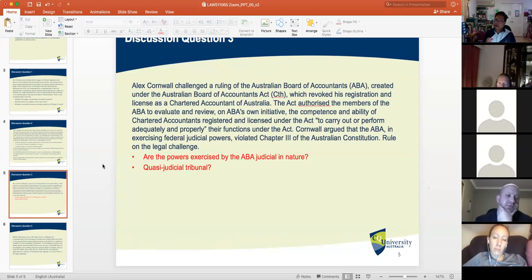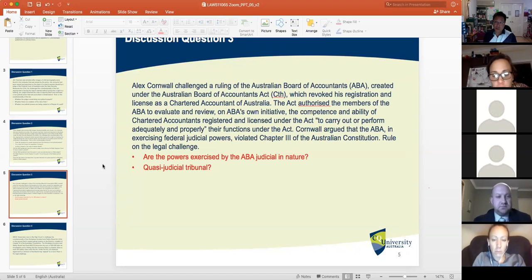Is it on the basis of the facts that were cited by the original decision maker, the ABA, in arriving at the decision, or is it on the basis of a question of law? Because if it is on the merits or the factual correctness, or the way the ABA may have evaluated the facts, that cannot be evaluated by the courts, because the concept of judicial review is limited only to questions of law.